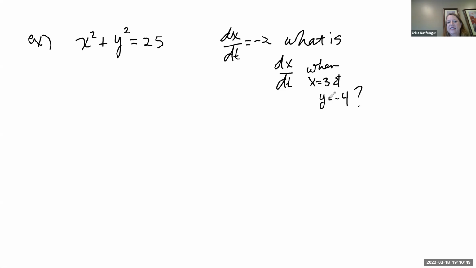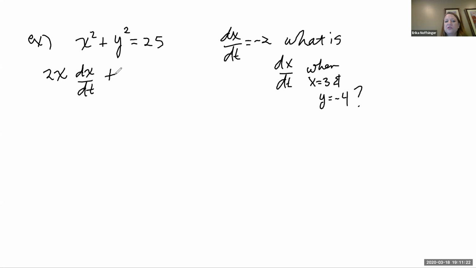Okay, so basically we're taking the derivative of both sides. x and y are both with respect to time, so again we're using implicit differentiation. When we take the derivative of x squared, that's just 2x, but we're adding in dx/dt.